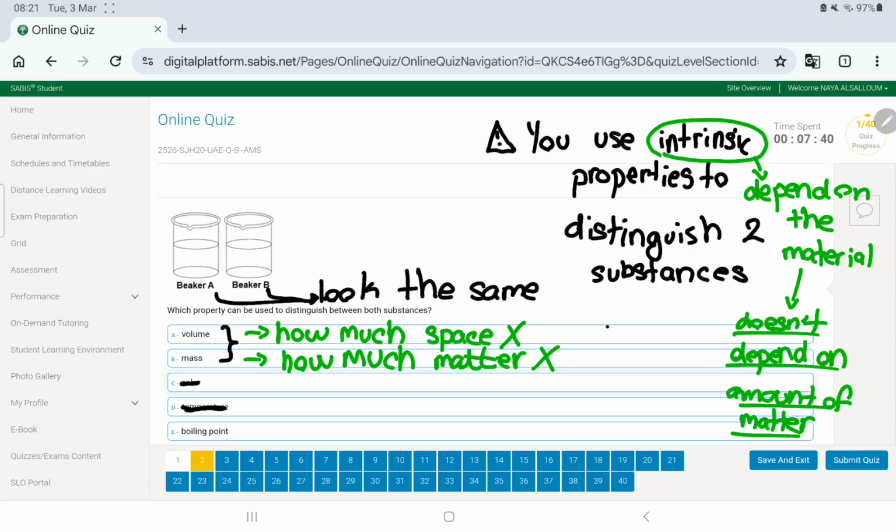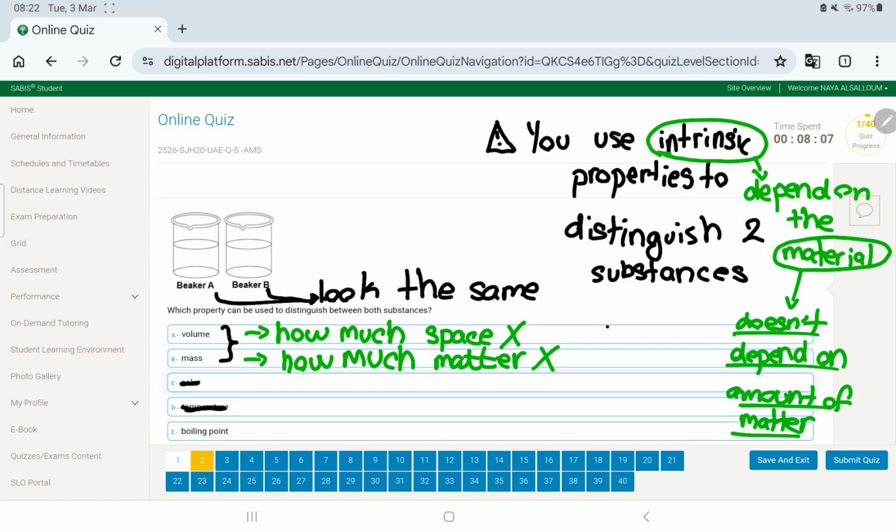So if you guys are still confused, it's okay. Here's a trick for you guys to know. You only use intrinsic properties to distinguish two substances. Why? Intrinsic basically depends on the material, right? Here we're looking for the material, the substance in beaker A and beaker B. We're looking for what material it's made of, right?